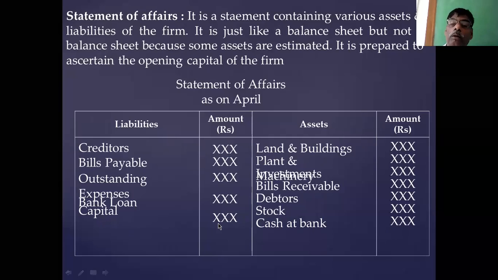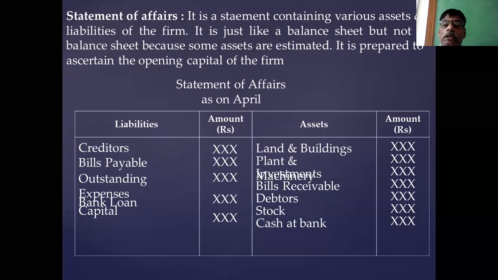Okay, if the difference is on the liability side, that is capital. If capital is given in the problem, the difference may be the opening balance of creditors, or it may be the opening balance of bills payable. Remember this point.